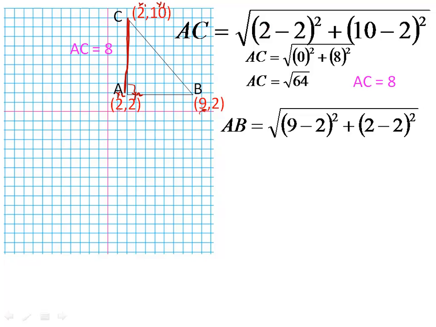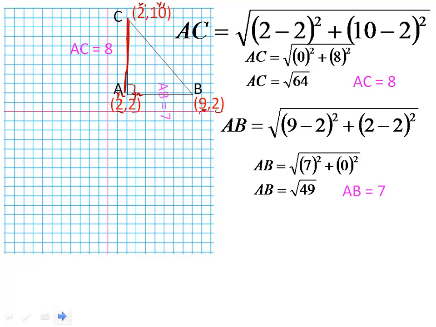The x's get matched together, 9 minus 2. The y's get matched together, 2 minus 2. So we have 9 minus 2 is 7, 7 squared. 2 minus 2 again is 0, so that's 0 squared. So then we end up with square root of 49, which is 7. So AB equals 7, as you can see.